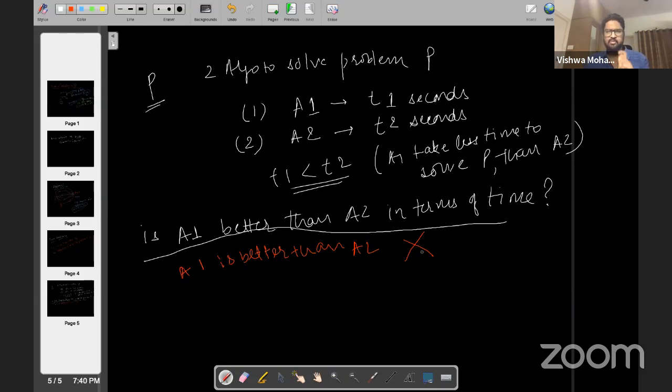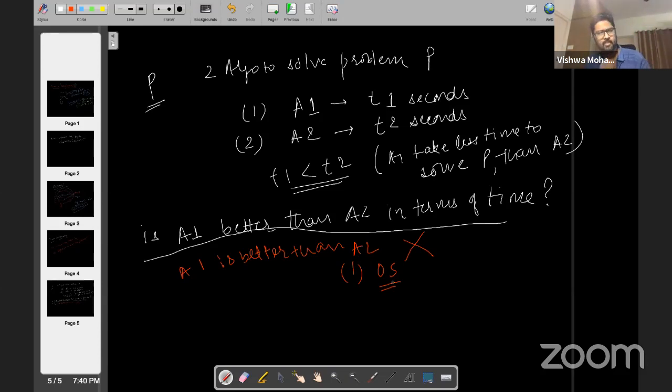The total time of execution for any code depends on multiple factors. One of the factors is what kind of operating system it is running on, or what kind of system resources it is running on. For example, say A1 is running on the latest multi-core machine, and A2 is running on an old Windows Vista machine, maybe 5 or 6 years old, a single core processor machine.